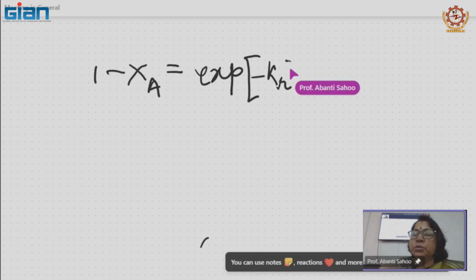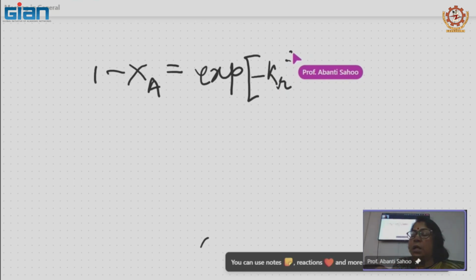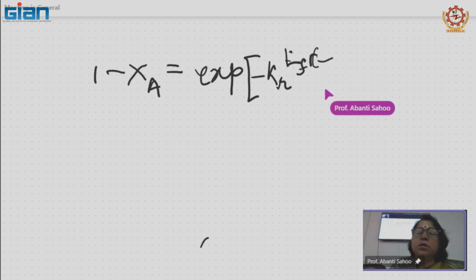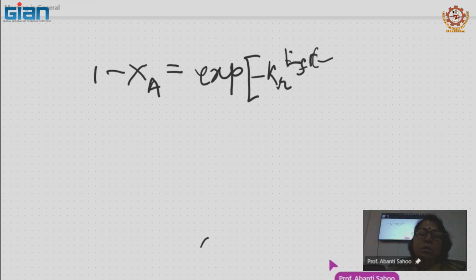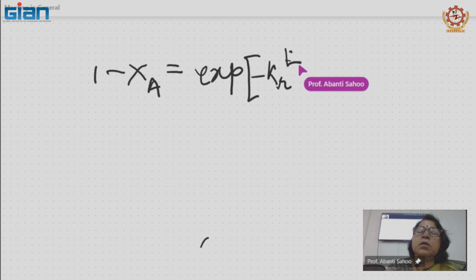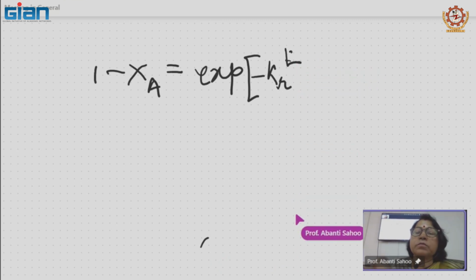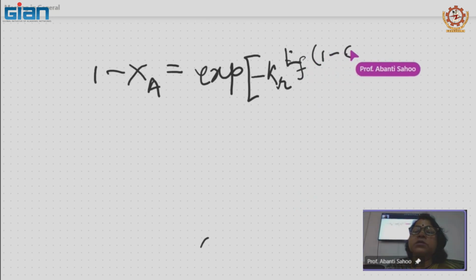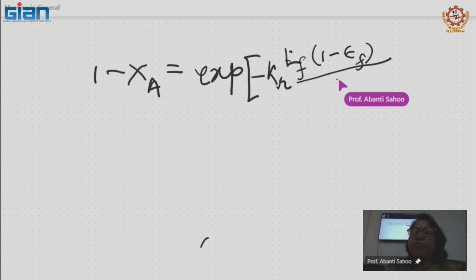In place of tau we can write LF into 1 minus epsilon F divided by U0 into KR.